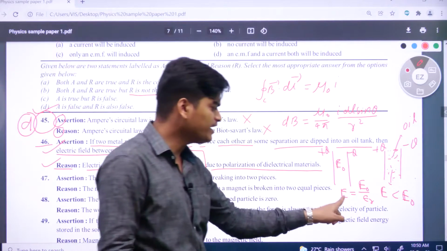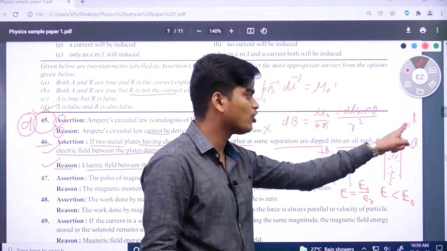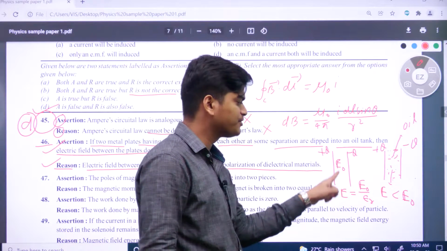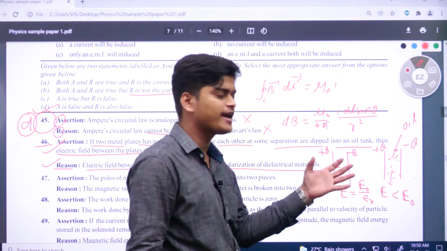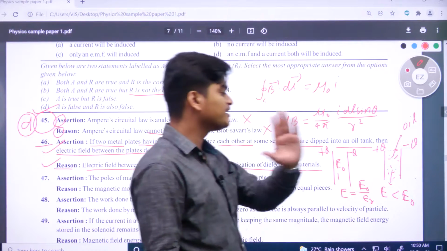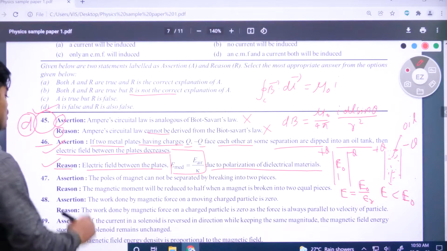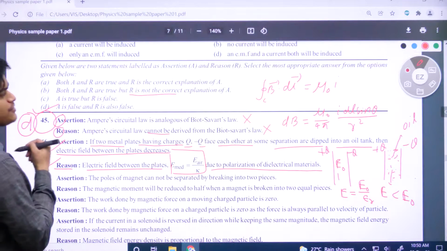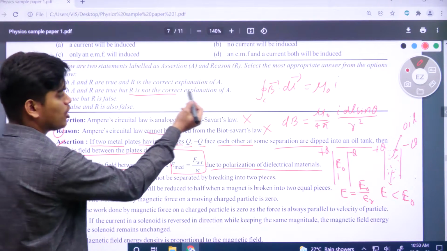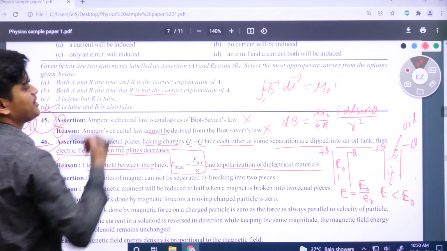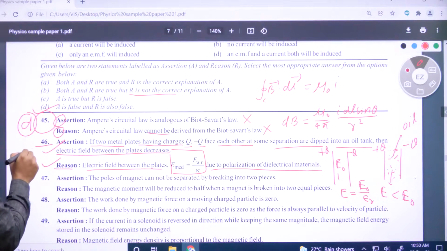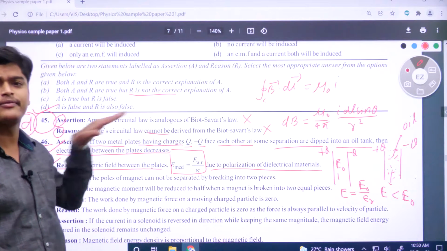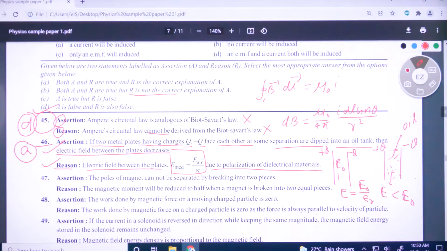Here the electric field in this dielectric medium or oil medium is nothing but the electric field in air medium, E naught, decreased by a factor epsilon r. Both are true, but here R is the correct explanation. So for this question 46, the answer will be A, because the reason is the correct explanation of A.